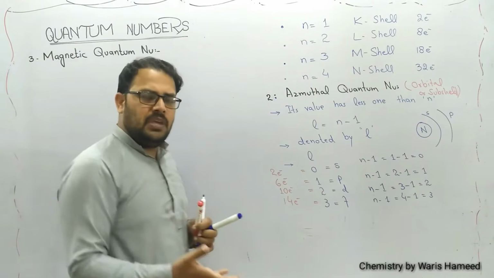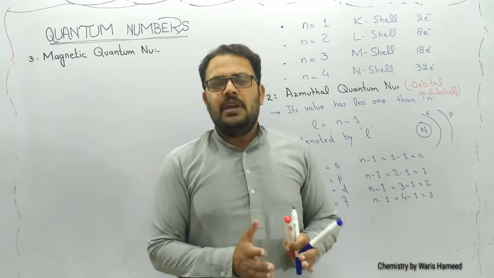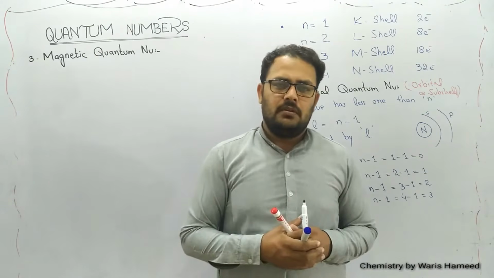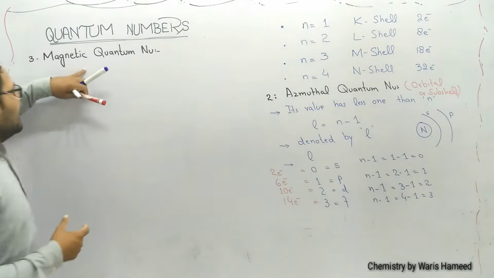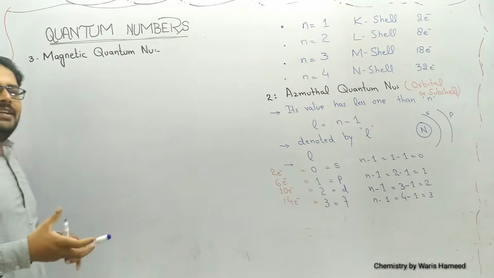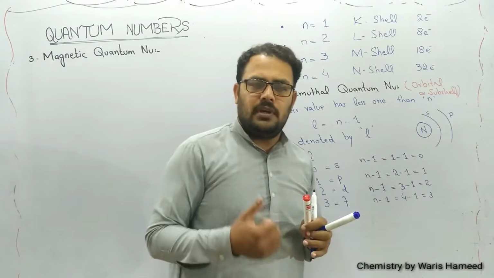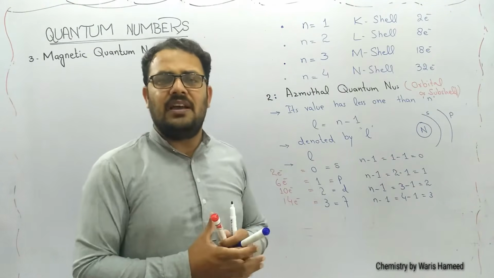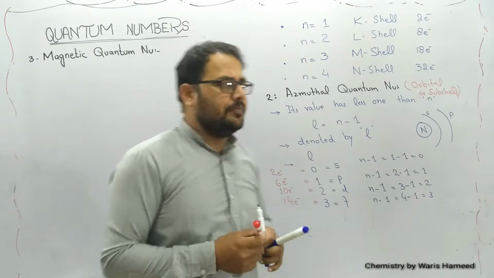It may be P or D or F. D orbital or P orbital may have different orientations along 3 dimensions. So, in the magnetic quantum number, if we put an excited atom in a magnetic field, then we can see that there will be maximum spectral lines, or different spectral lines, for each orbital.